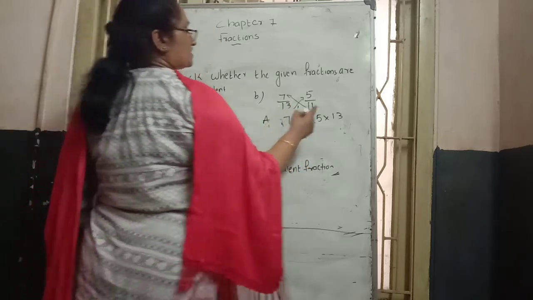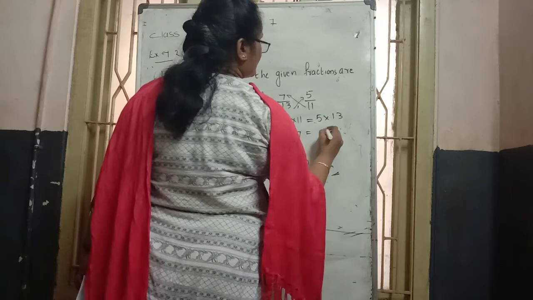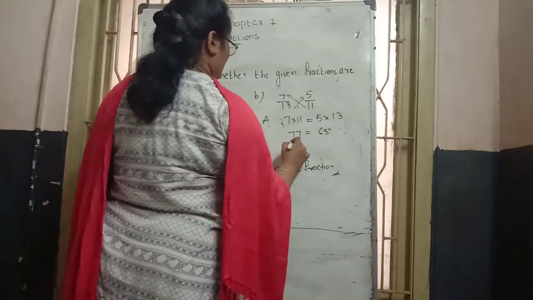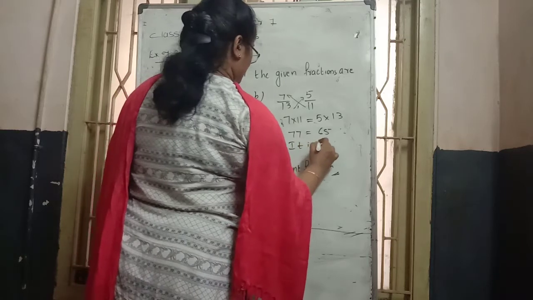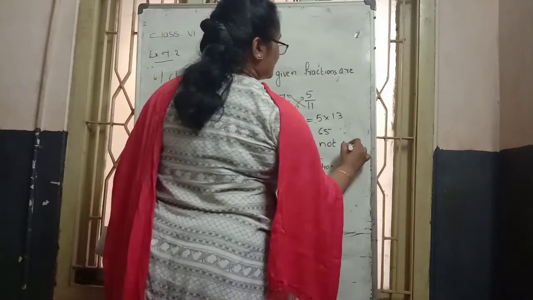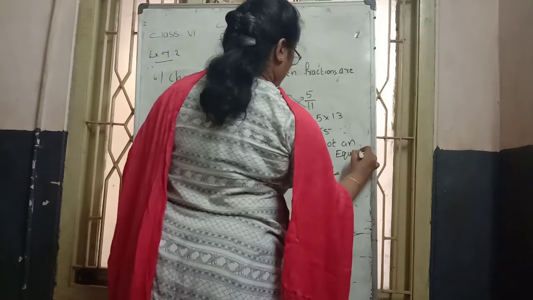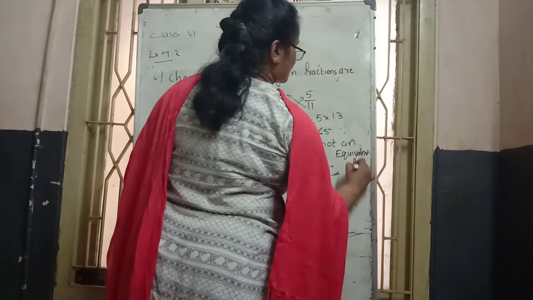Then 5 into 13 comes to 65. Are both equal? No. Therefore it is not an equivalent fraction. This question also is not an equivalent fraction.